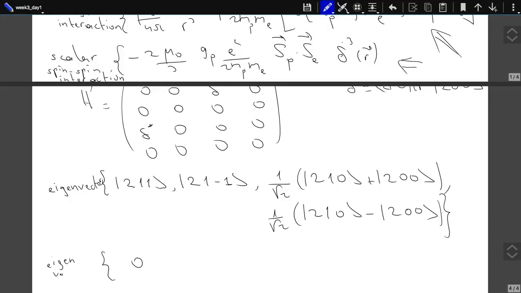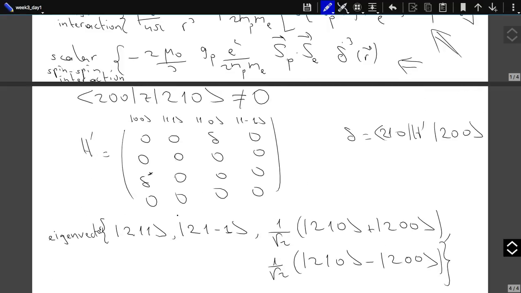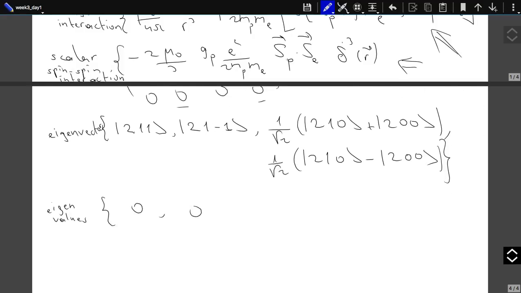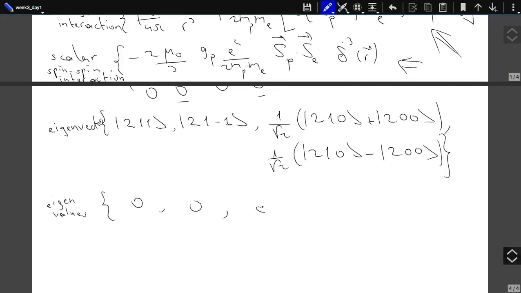The eigenvalues for |2,1,1> and |2,1,-1> are 0, since they correspond to those rows. The other ones will be delta and minus delta.